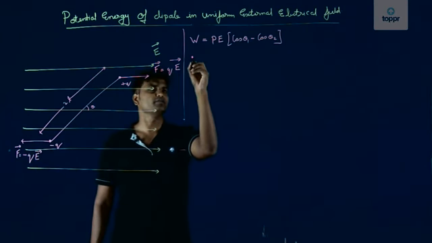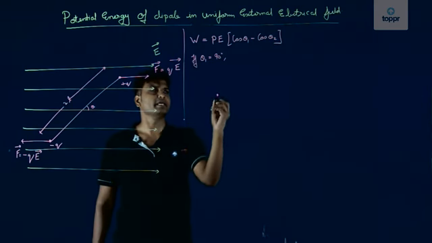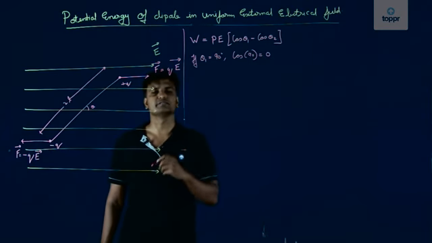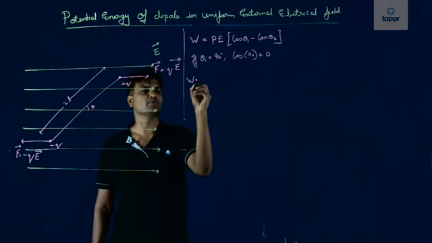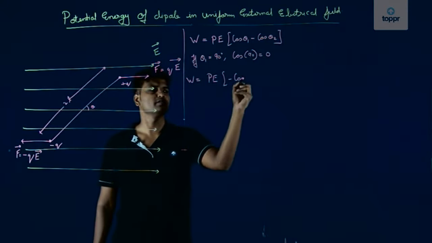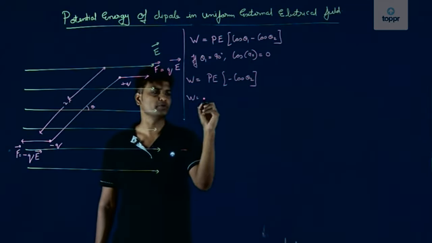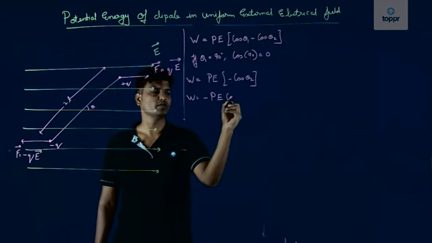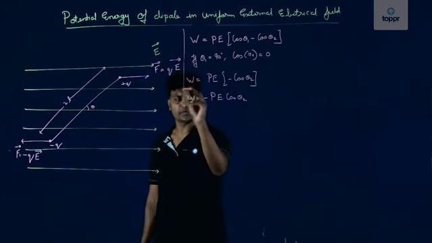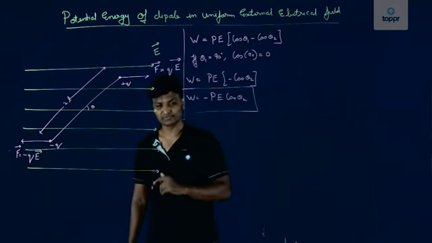So, if theta 1 is 90 degrees, then cos 90 will become equal to 0. And the equation can be written as W is equal to P into E into minus cos theta 2. So the equation is W is equal to minus P into E cos theta 2. Now considering this equation, we will study some special cases. Okay?